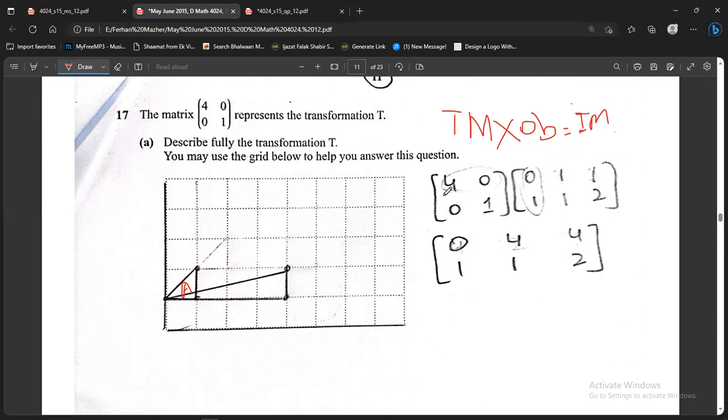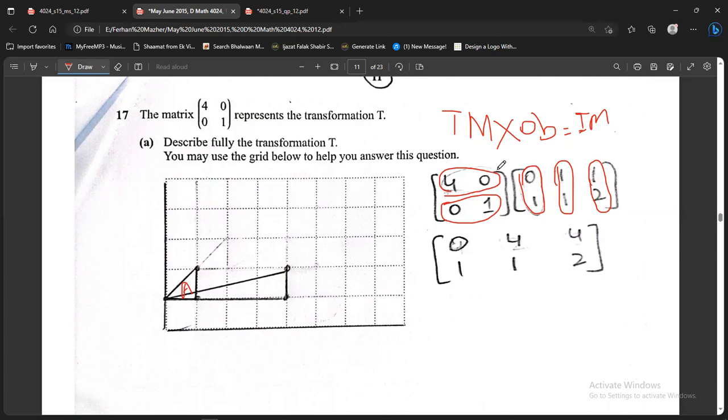So the first row will multiply with the first column, then with the second column, and then with the third column. Then the second row will multiply with the first, second and third columns.